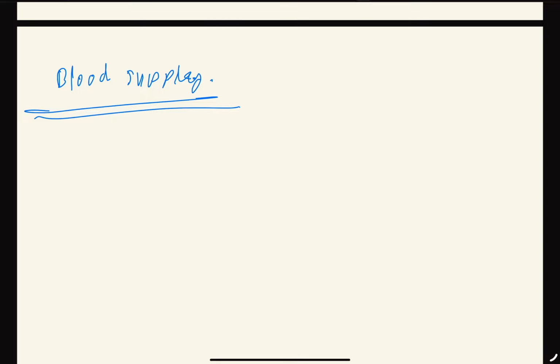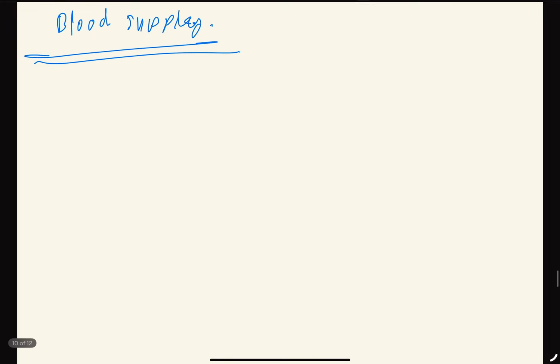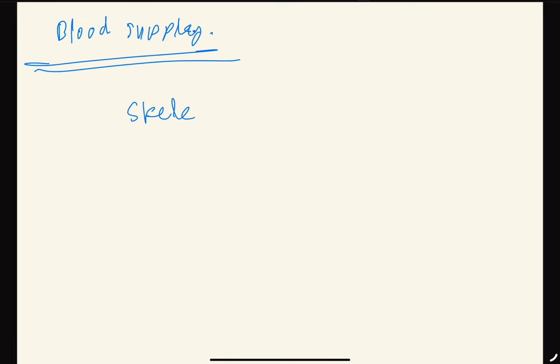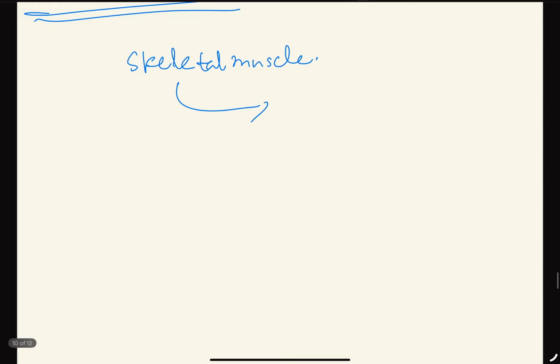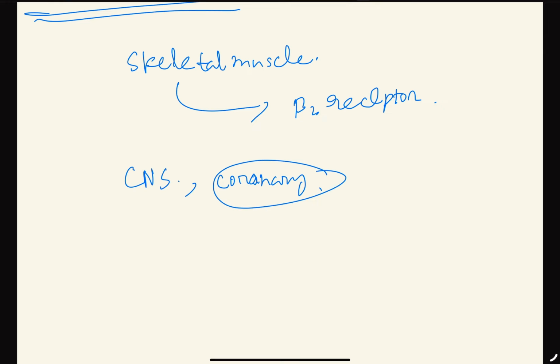More or less everywhere the blood vessels get constricted, except in the skeletal muscle, where we have the beta 2 receptor which dilates the blood vessels. But there is no change in the blood vessels of the central nervous system and the coronary blood vessels. Coronary blood vessels do not dilate or constrict. Okay.